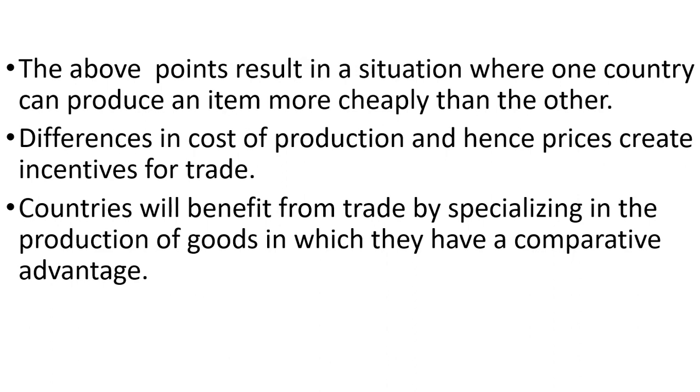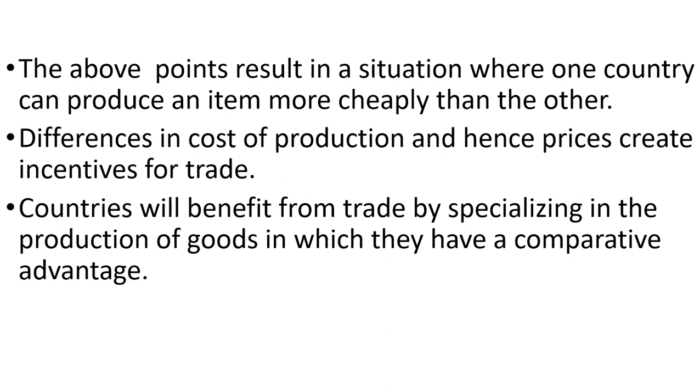Because of this issue of uneven distribution of natural resources, some countries that are better endowed with a resource can use it to produce commodities cheaper than other countries. And these differences in prices of goods as a result of resource endowment create opportunities for people to make profit by buying from a low price market and selling in a high price market.